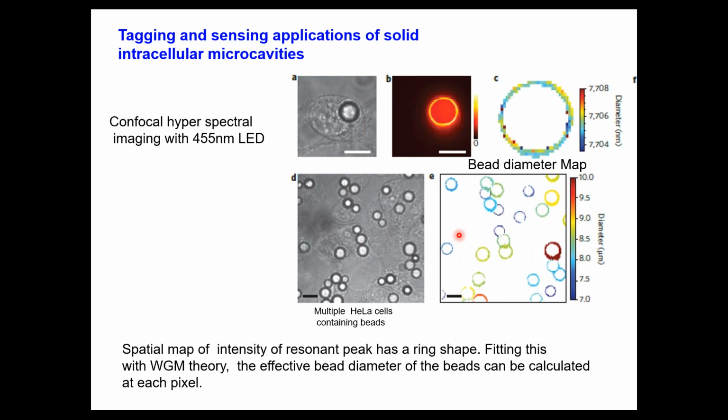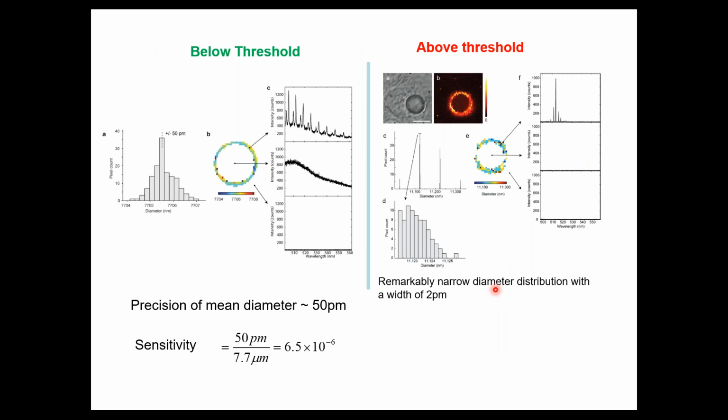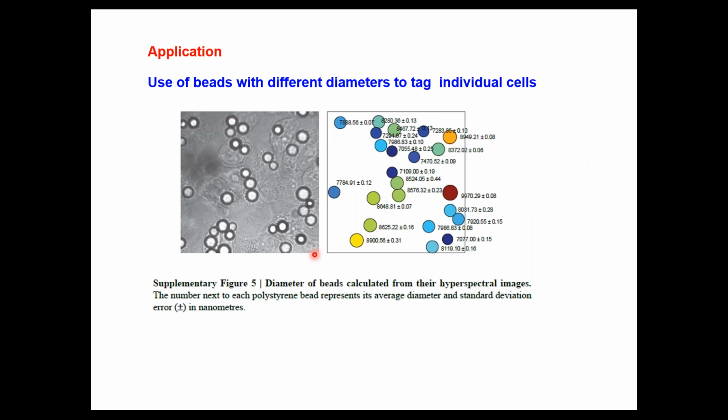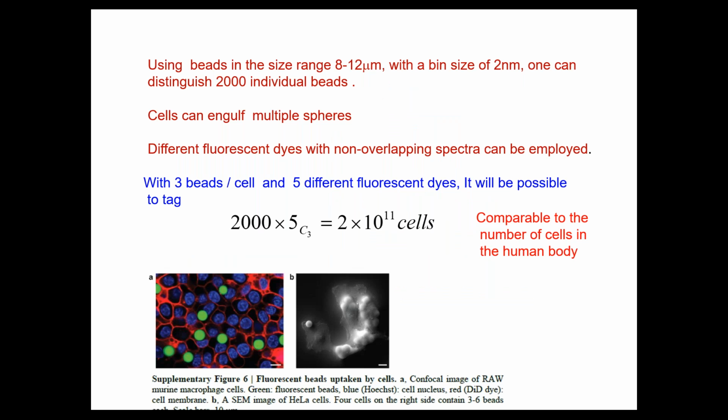So hyperspectral imaging can further resolve more cells in terms of the size of the beads and the color of the beads. It is said that a large number of beads can be used to tag individual cells using different sizes and colors.